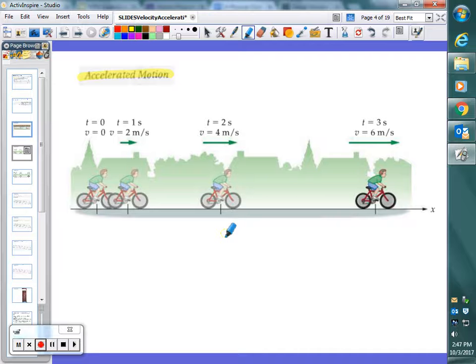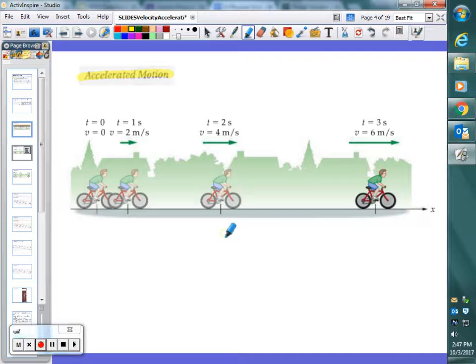Okay? So, we said that accelerated motion could mean 3 things, right? It could mean the object is doing what? Speeding up, slowing down, or changing directions. We've already established this object is speeding up. What is the acceleration of this object?